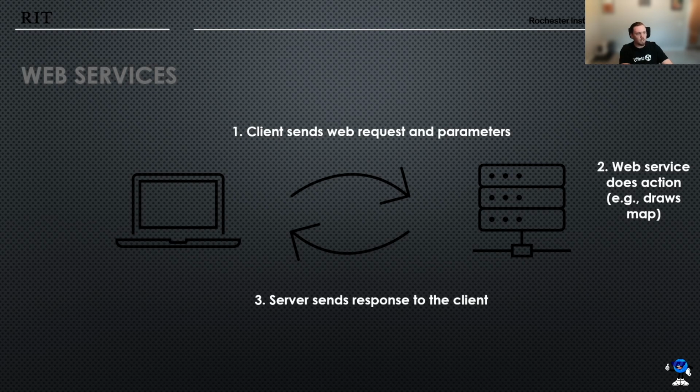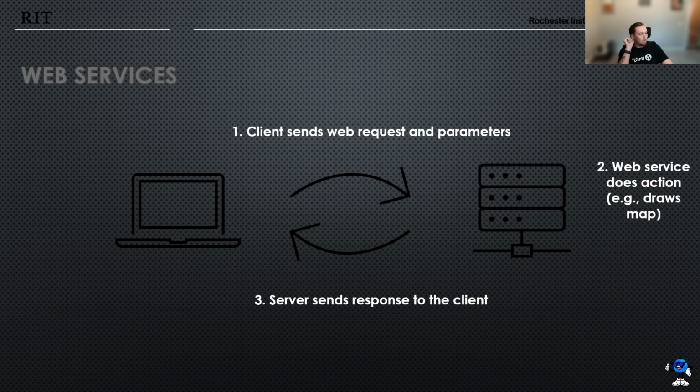Now for an example, let's suppose you've identified the URL of a web service out there somewhere that draws maps. You can make a request by constructing a URL containing the address of the web service and various parameters of the map, such as the format of the image you want to receive, JPEG, PNG, etc., a bounding box, coordinates defining the geographic area you want to see mapped, and the map scale.